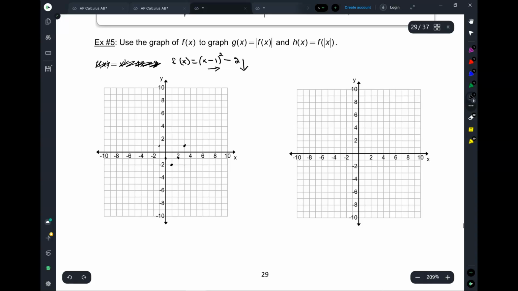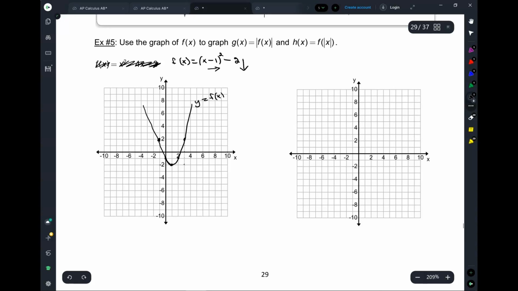I'm sorry, up 4, you're right. 1, 2, 1, 2, 3, 4. Okay? Now, all right, so this is y equals f of x.